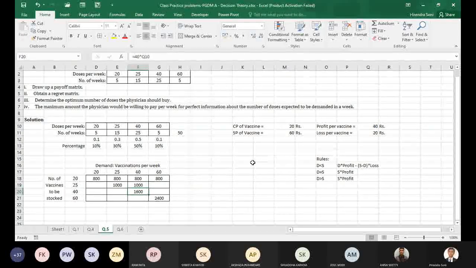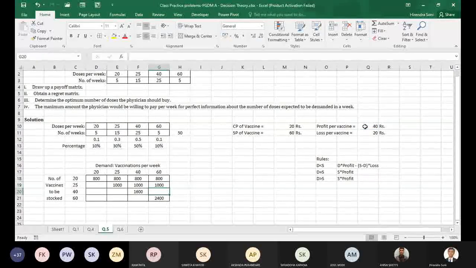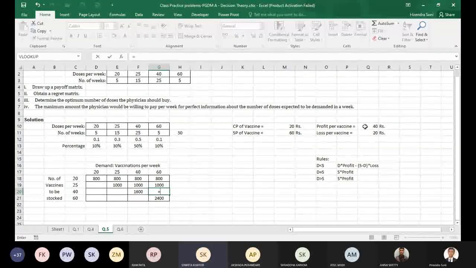Here also it would be 25 into my profits, and here in this case it equals 40 into my profit.